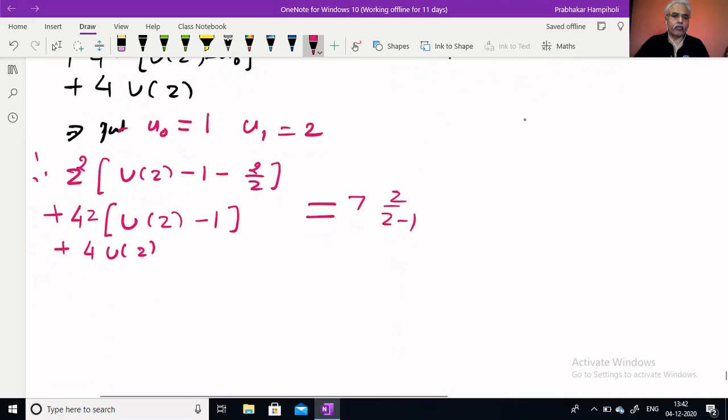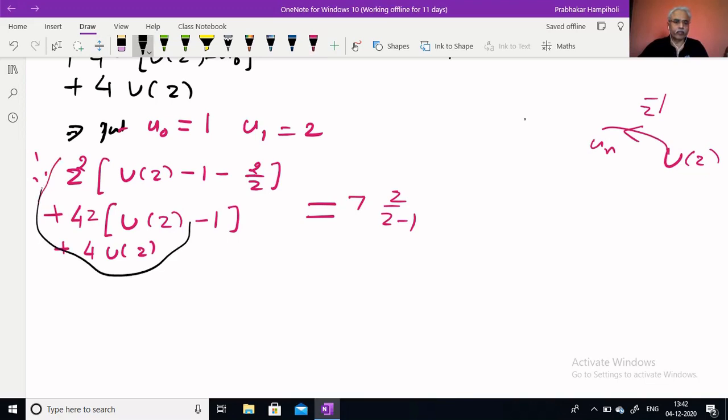Now we are going to find u of z first. Then, if I find u of z, I can find un by taking the inverse z transform. So our aim is to find u of z. Shall we collect that u of z? So z square plus 4z plus 4 into u of z.